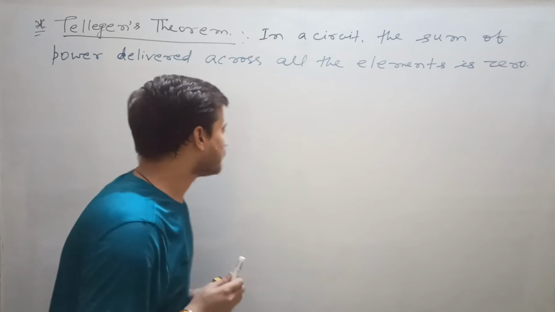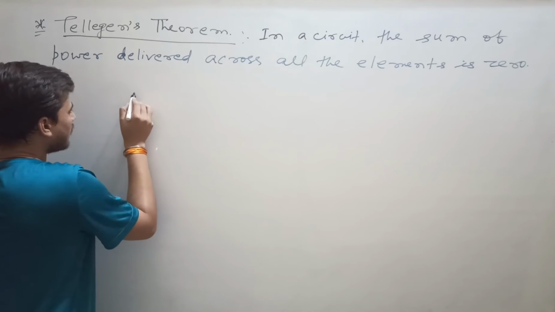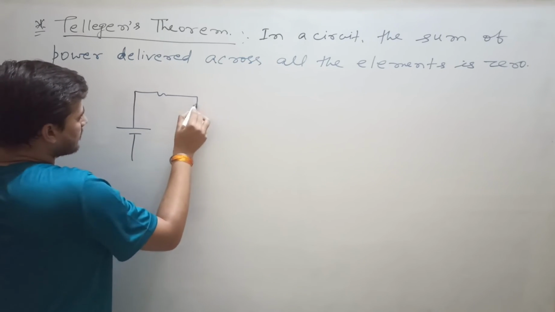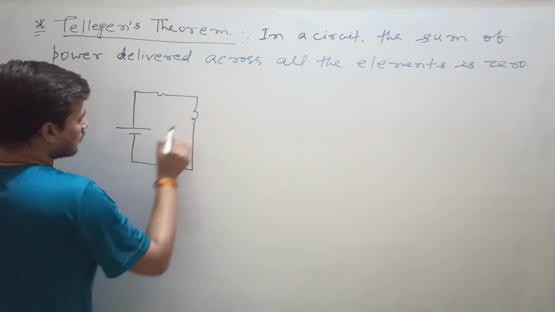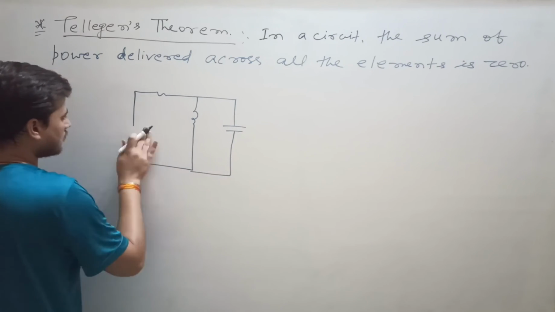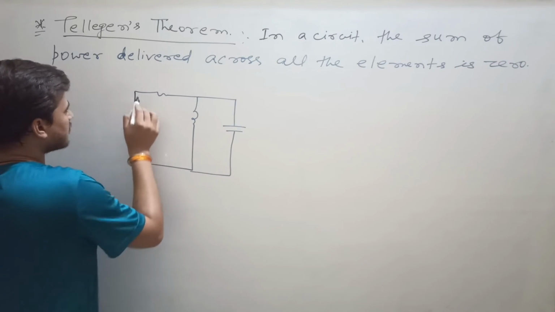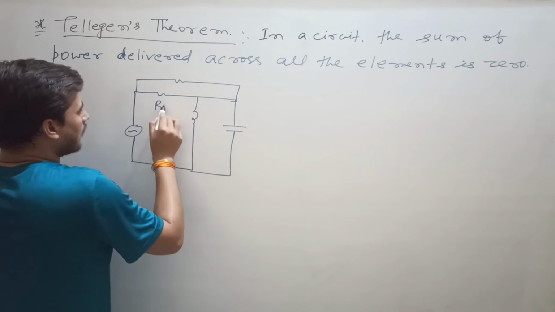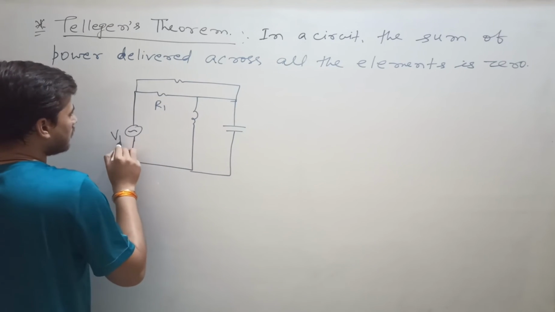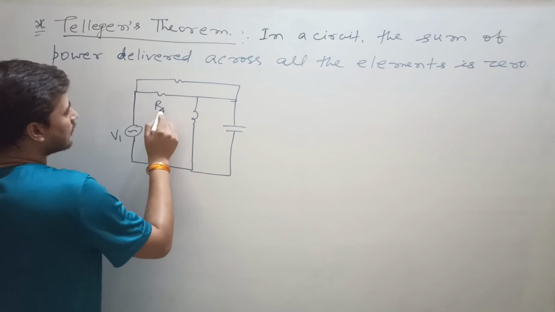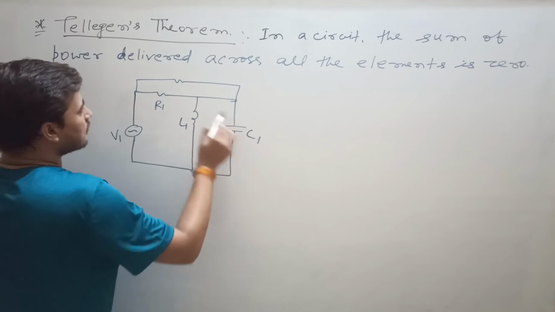What does it mean? They are saying if you are having a circuit like this one, suppose this is an AC circuit, with different elements R1, V1, L1, C1, R2.